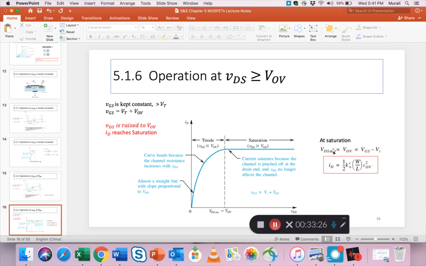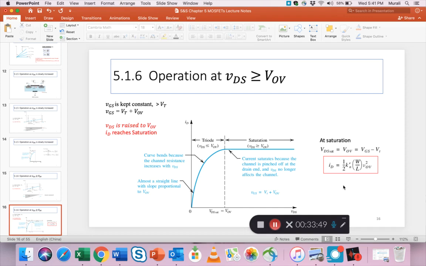So the saturation is that VOV, right? The more voltage you apply, it doesn't really impact the current anymore. You can keep applying, it's not a problem, but for purposes of calculating the current, you only need to know the VOV. Okay. So all these equations again are derived in the chapter.